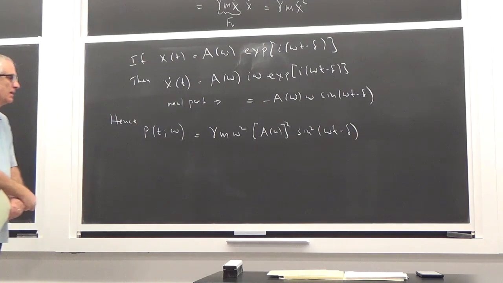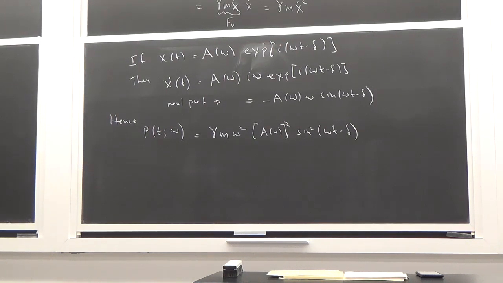So that's the answer. It's actually usually more interesting to speak of the time averaged power. We're in steady state, so averaging out the individual cycles, we get some average rate of power dissipation. So let's do that.